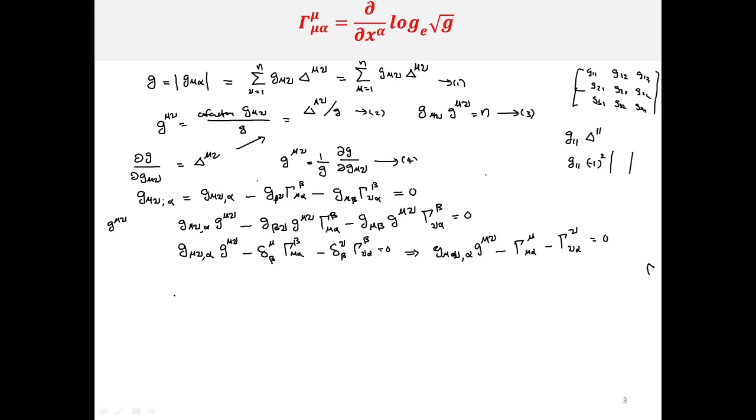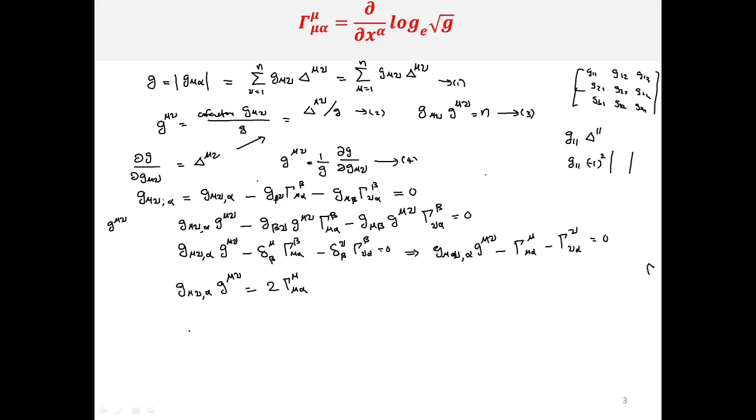Now here ν is a dummy index, so you can replace it with any other index, no problem. So I am just replacing this particular index with some μ, then these two terms are exactly similar, so you can write it as g^{μν}, α into g_{μν}. Then you can take these terms to the right hand side, then it becomes 2 times Γ^μ_{μα}.